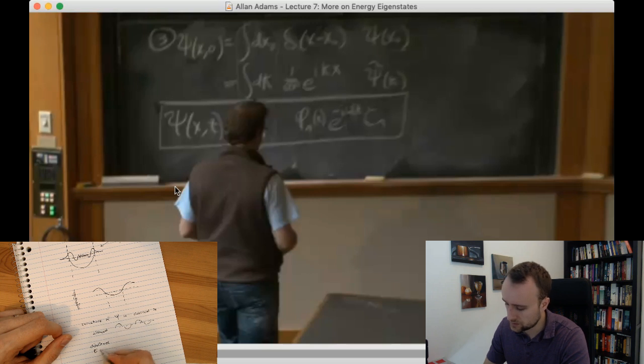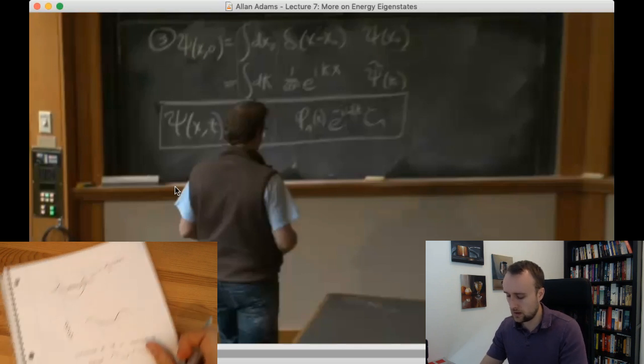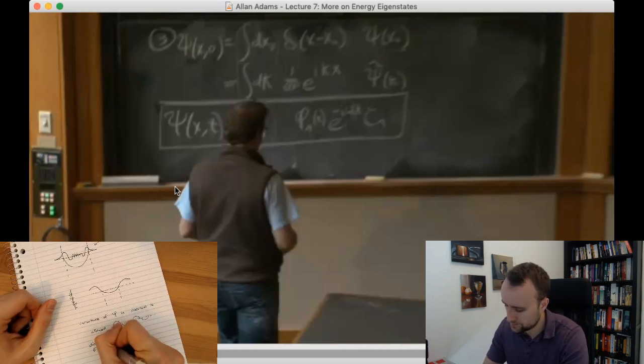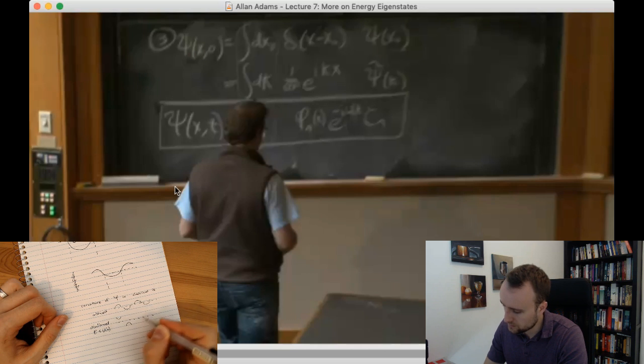and in the disallowed zone, or sort of greater than potential, so is energy less than potential? What am I looking at here? Yeah, energy is less than the potential. In this case, these are solutions to this.